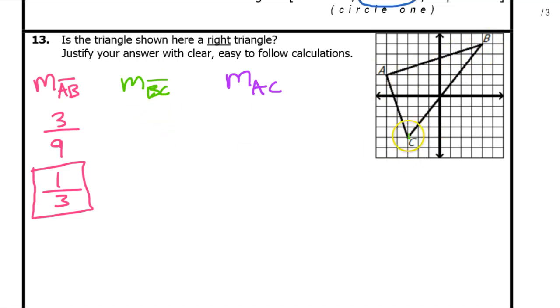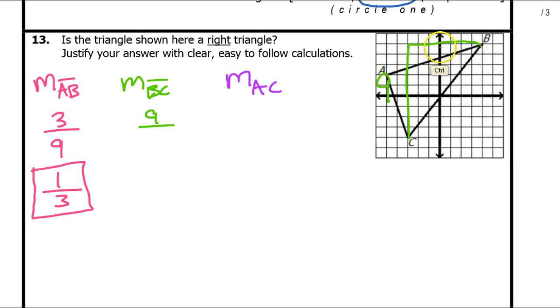So as I go from C to B, first I'm going to do the rise, which is that. And how many is that? So that's 4 and then 5. So that's going to be 9. So I did a rise of 9. Now I'm doing a run of whatever that is.